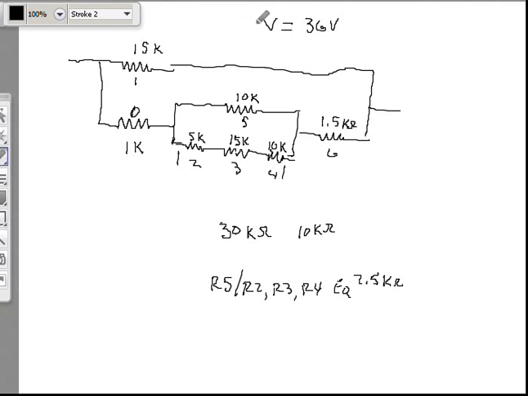Okay, that's 7.5K ohms plus 1K and 1.5K. That's going to bring me up to 10K ohms.